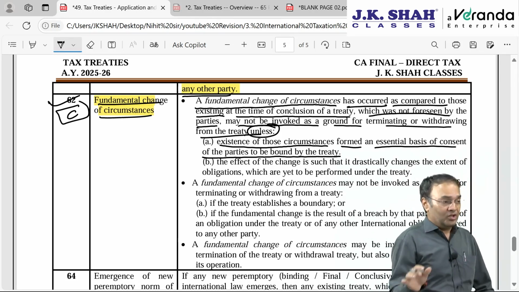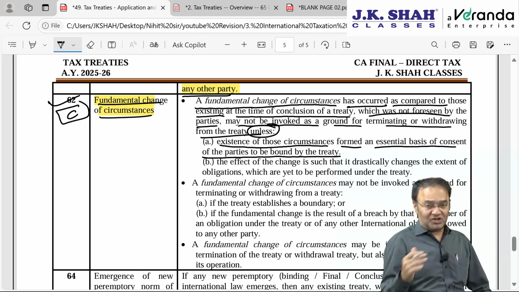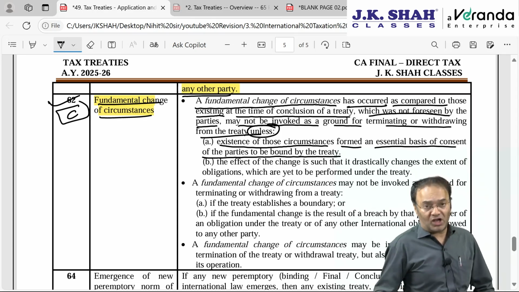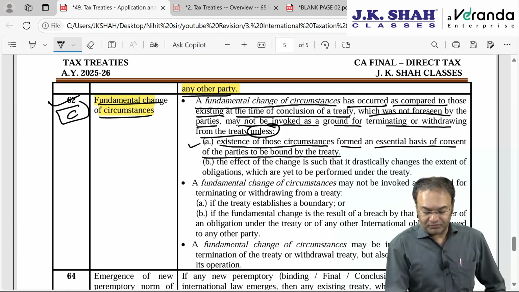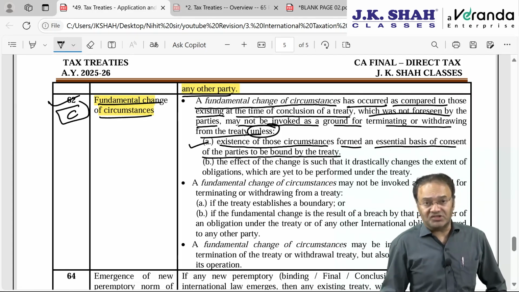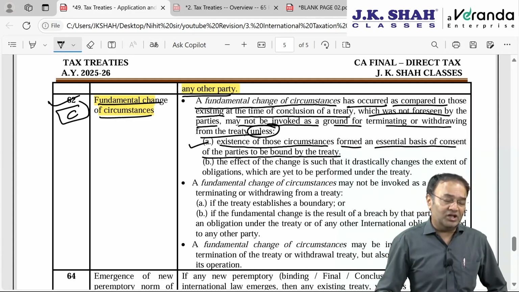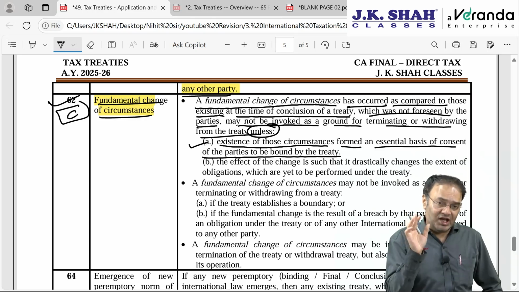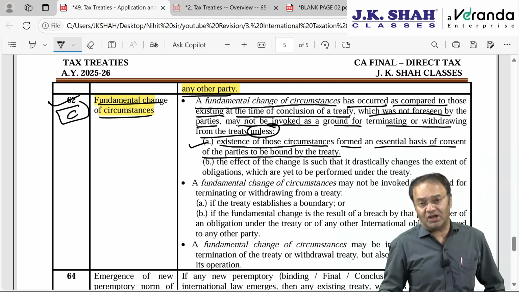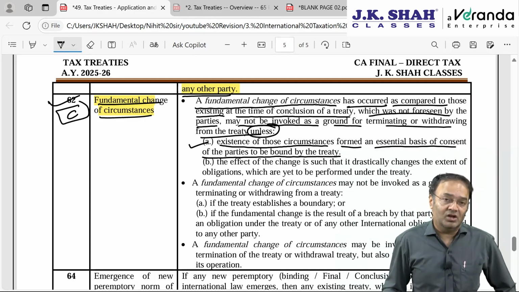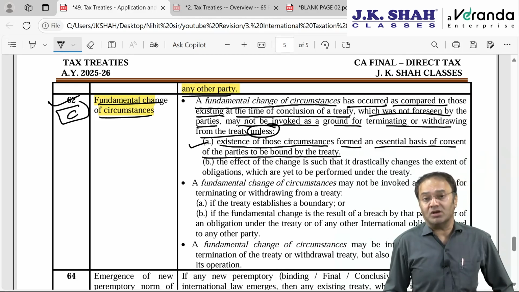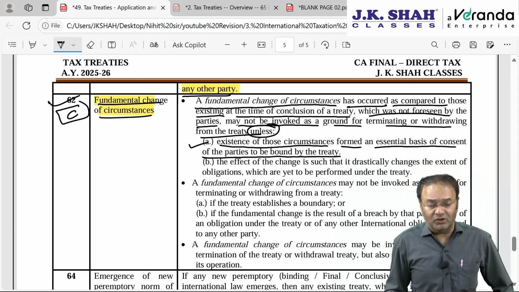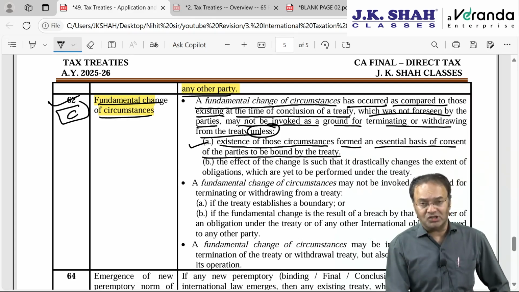So if USA has given consent under the leadership of Joe Biden, and those were the circumstances, and the existence of those circumstances was the primary condition for giving consent, that means if the Joe Biden government does not continue, the government gets changed, then the validity of the treaty will be reviewed by the new government, and in that case the US can withdraw itself.